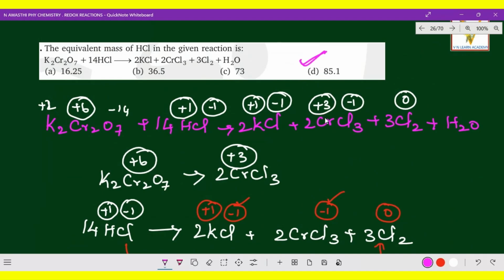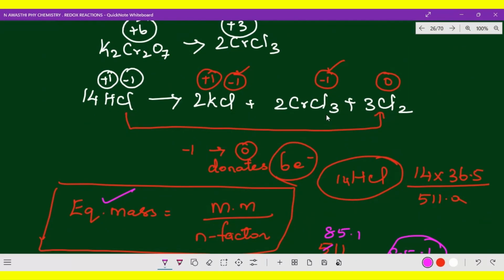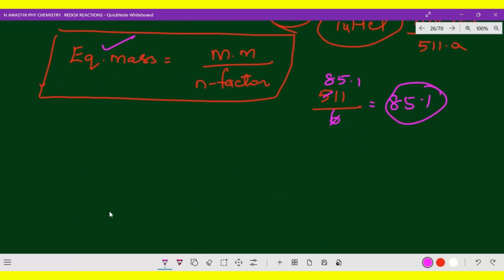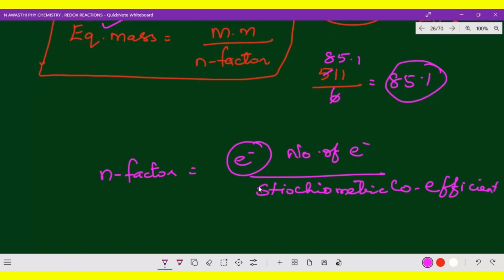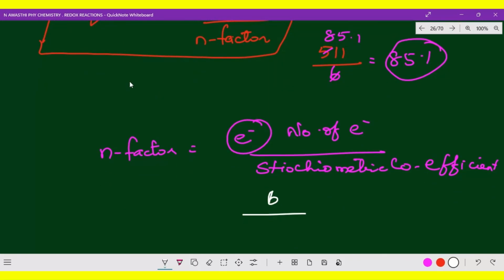We got it. One more idea I would like to bring here, another way of getting the n factor. The n factor is equal to the number of electrons changed divided by the stoichiometric coefficient. The number of electrons changed is 6, divided by the stoichiometric coefficient, which is 14 for 14 HCl.